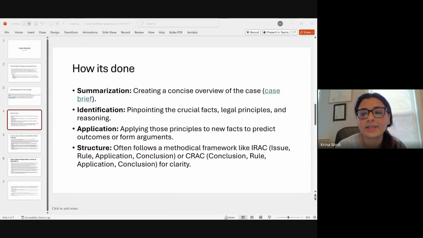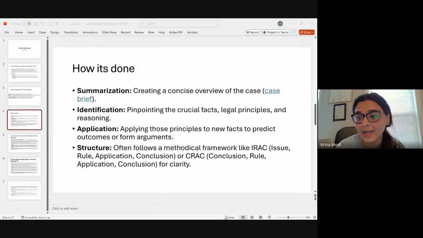But AI is helping us in summarizing and identifying, but how to apply that rule, how to apply your client's facts to that particular case is something which you will have to do. I would say the work is getting easier and shorter because AI is doing the summary for you and identifying the issues for you, but how that case will be applicable to your case is something that you will have to analyze.